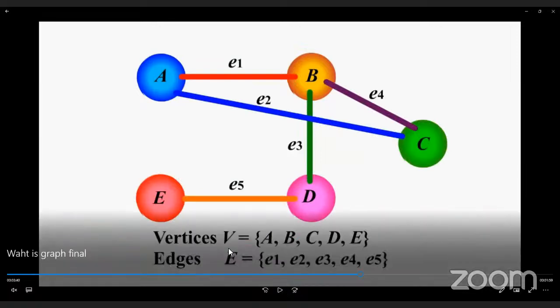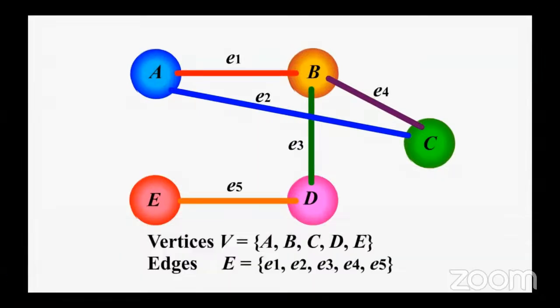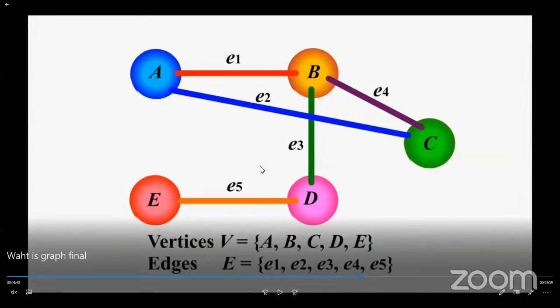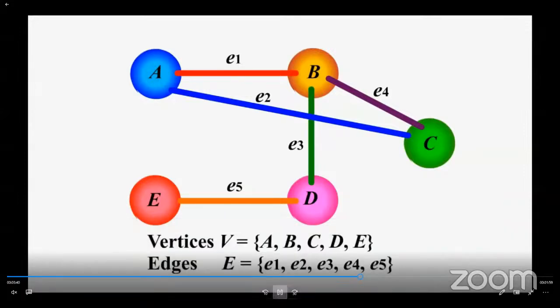So here the vertices are A, B, C, D, and E. That is a set. And the edges are E1, E2, E3, E4, and E5. So that is all the edges.